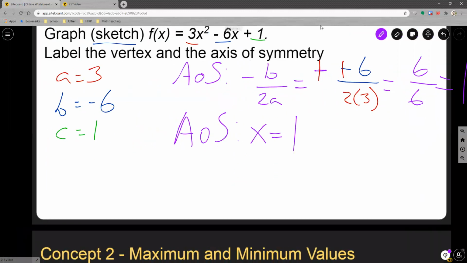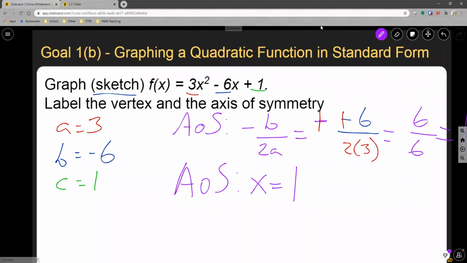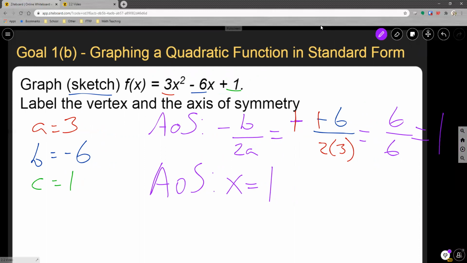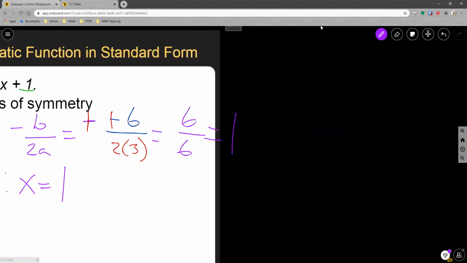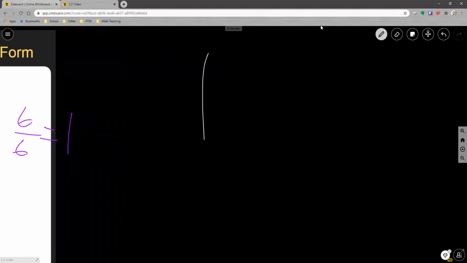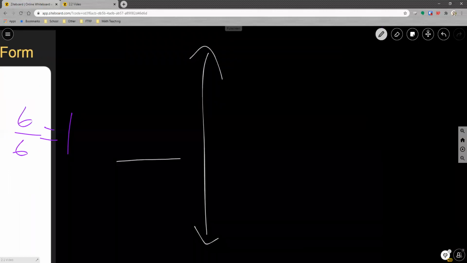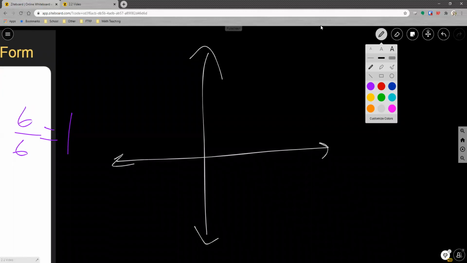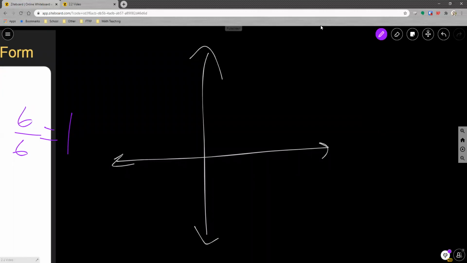So I've got my axis of symmetry figured out. I still need my vertex. Well, I'm not in vertex form, so I can't really determine what my vertex is by looking at the equation. But what I can do is go over here and do a quick graph. And again, this is a sketch. I know that my axis of symmetry is going to be right at the line x equals 1.